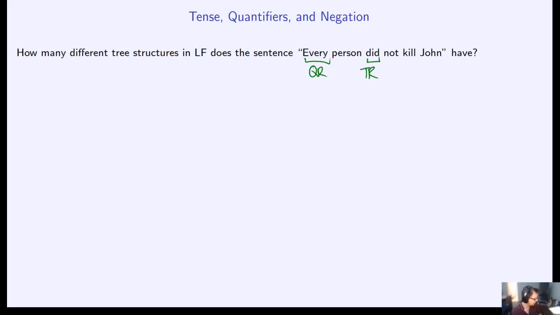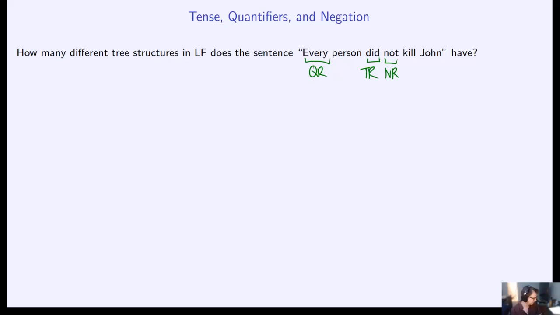So we have to do tense raising with did. With not, we have negation raising. So we have to do negation raising with not. And each time that we do one of these scope ambiguous interpretations, we essentially have 2 different ways of ordering them. Are we moving them up to the top, or are we moving them earlier?